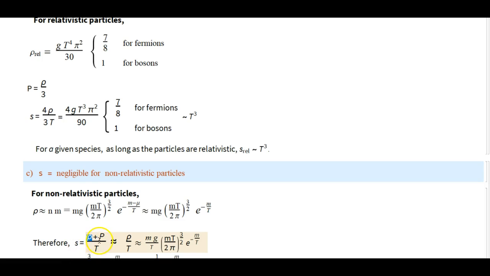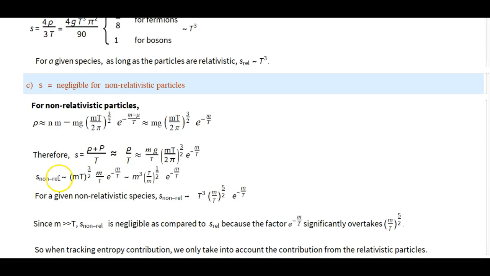So s is approximately equal to rho over T, where rho is this. So we have m g, g is the degrees of freedom, divided by T, times (m T over 2 pi) to the power 3 over 2, times e to the power minus m over T. And then for the non-relativistic case, this entropy density is of the order of (m T)^(3/2) times m over T times e to the power minus m over T. And by some algebraic manipulations, I can see that it is of the order of T cube plus this additional factor.